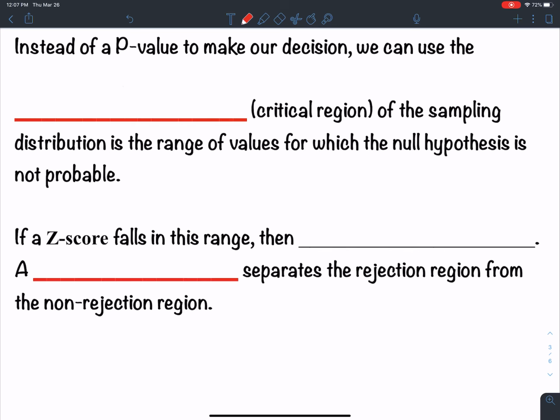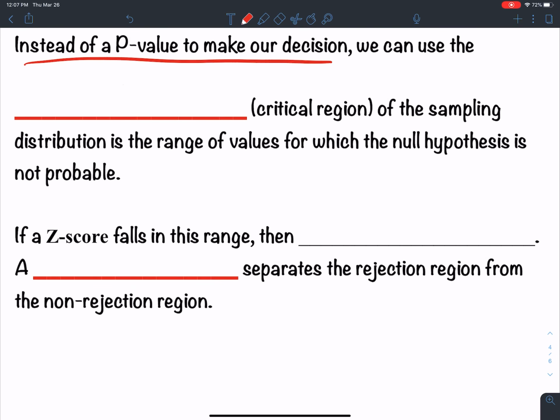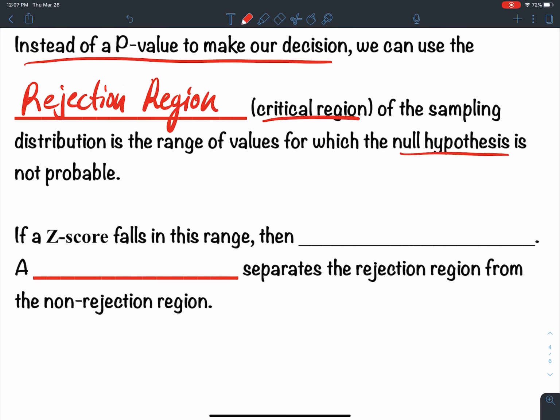Instead of a p-value to make our decision, we can use the rejection region. This is the critical region of the sampling distribution. This is the range of values for which the null hypothesis is not probable.